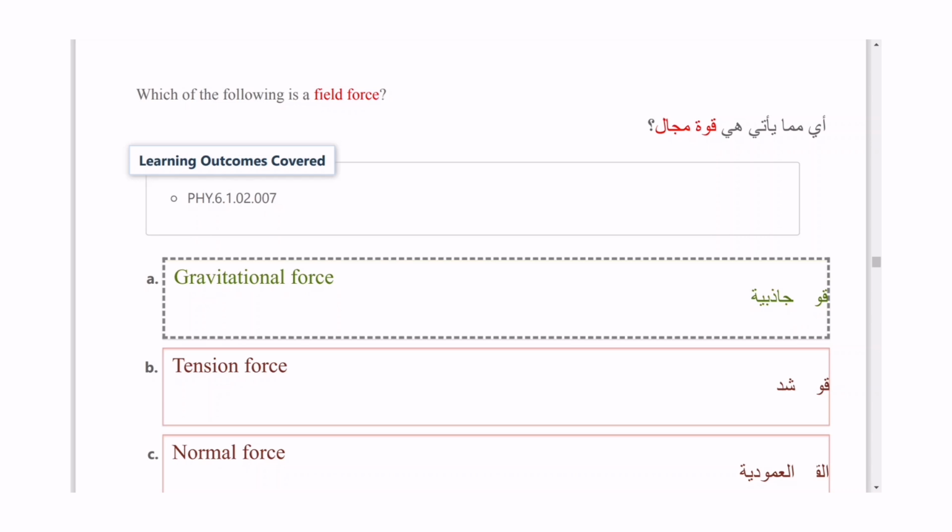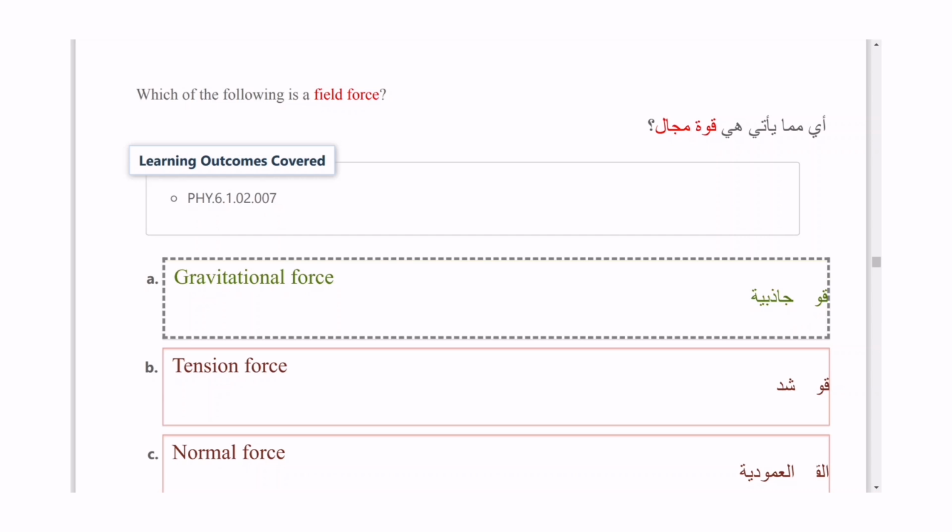Non-contact force means the force can act without contact between the system and the agent. For example, magnetic force. Two magnets can attract or repel each other, applying force between them without being in contact.